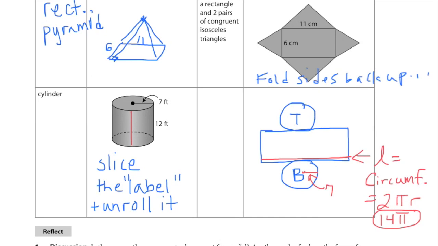And really the only dimension we need left over is now what the height of that rectangle is. We know we have 2 congruent circles for the faces and 1 long rectangle, whose dimensions here are the same as the height, 12 feet here, just like the height of the cylinder.